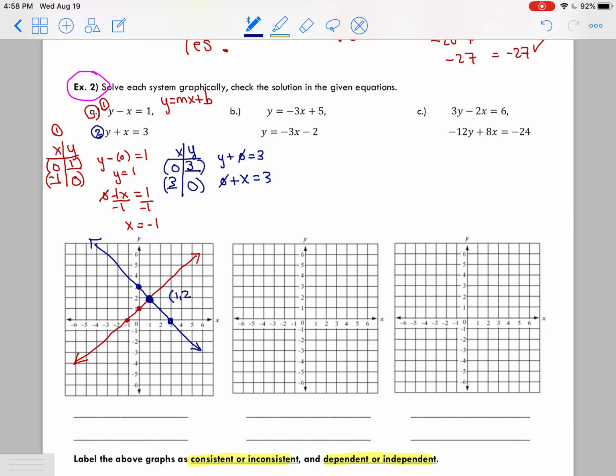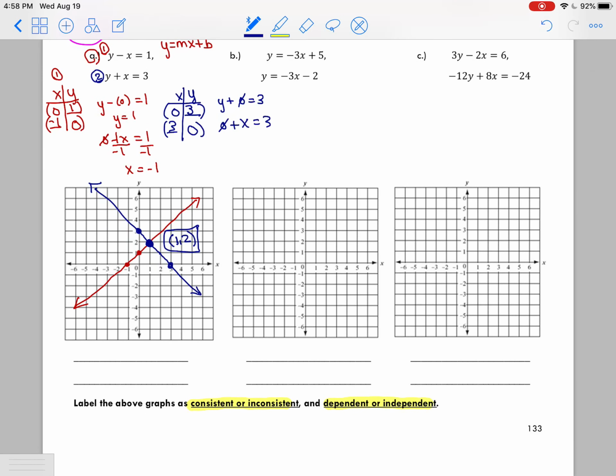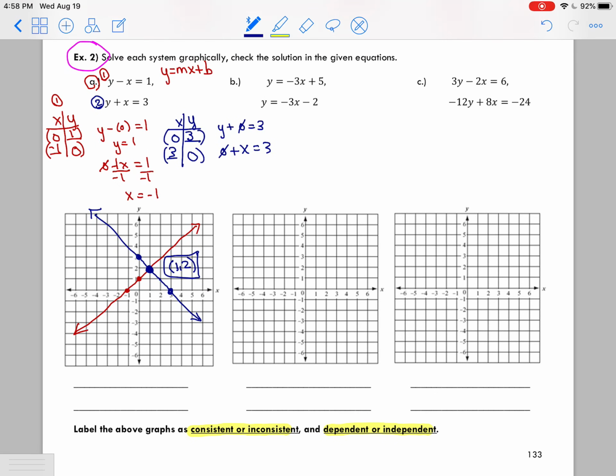I actually did not mention that before, and that's pretty important. We write our solutions as an ordered pair. So the solution here would be (1, 2). Let's take a look at this idea of consistent, and we'll come back to that in a minute.